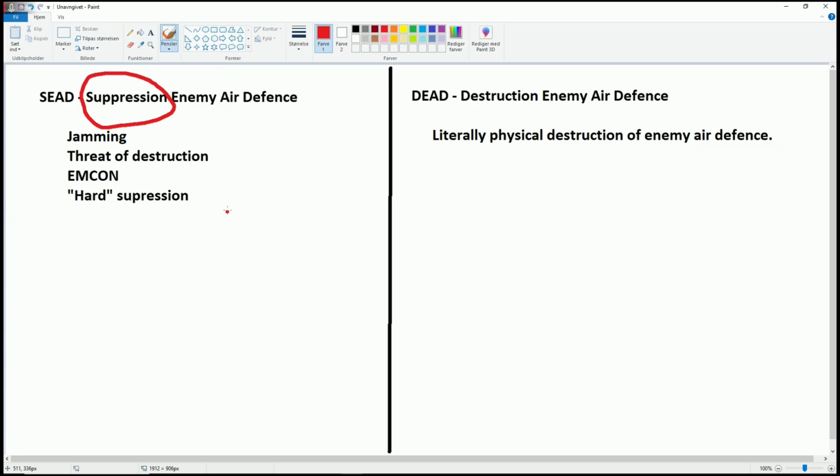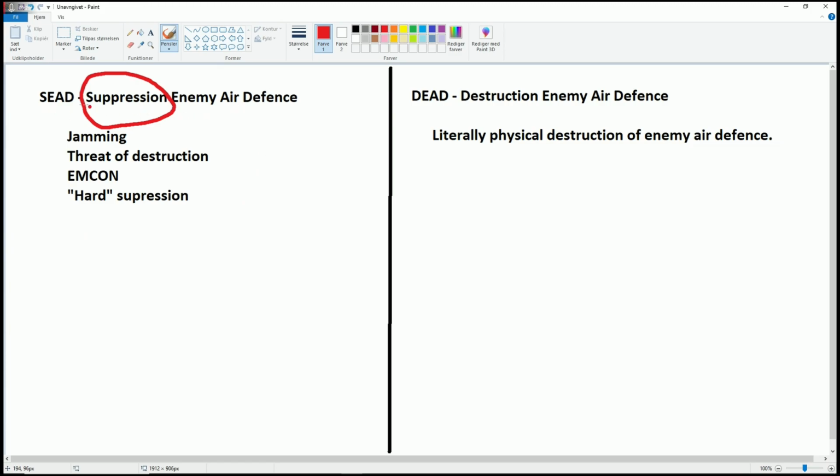If that radar operator sees that HARM, they will turn off their radar. Therefore, the Prowler has achieved its purpose. The word hard suppression means that it is suppressing very hard. You are suppressing the radar with a hammer, if you like. That is the word hard in the suppression.